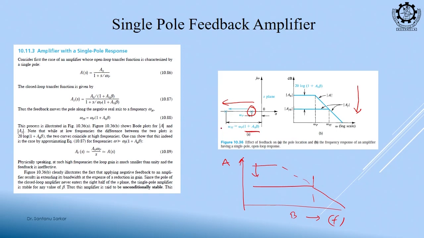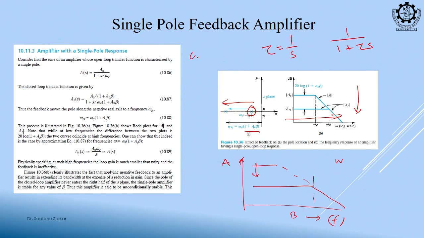For the frequency portion, with 1 plus tau S, tau should be 1 by S, so this inverse is getting increased.